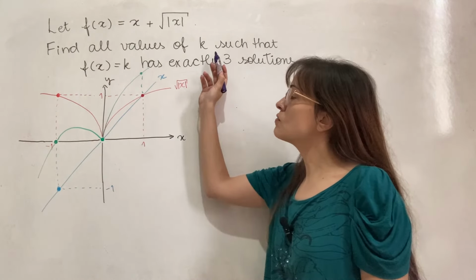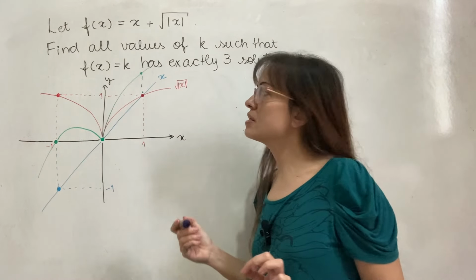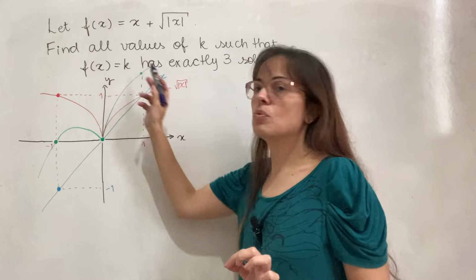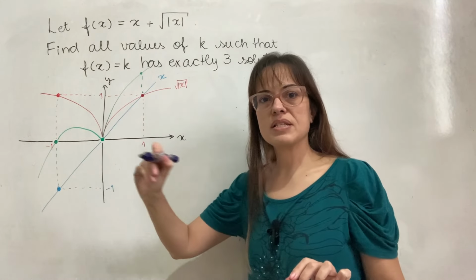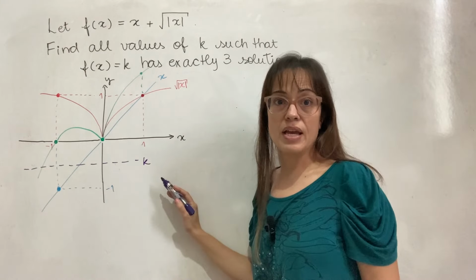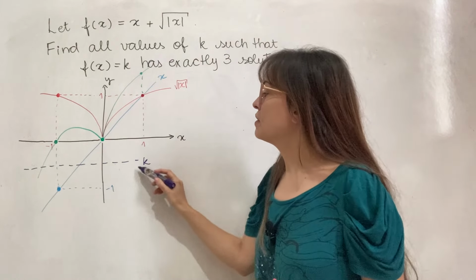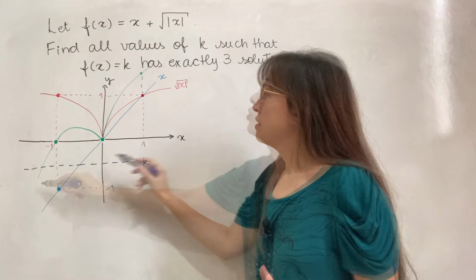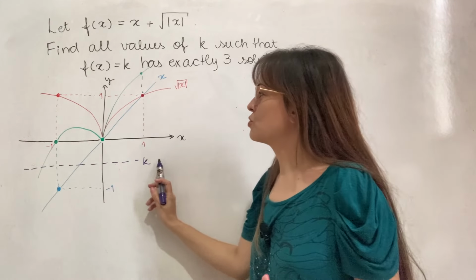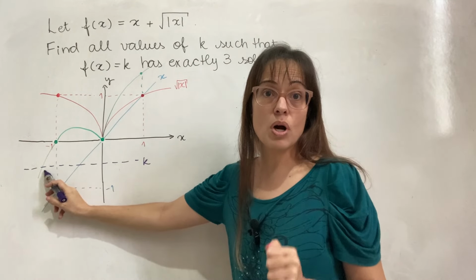It wants values of k such that this equation has exactly 3 solutions. This equation, the function being equal to k, is equivalent to passing a horizontal line somewhere, which is the value of k. I'm trying to compare the green with the purple now, and clearly for this value of k, the green function equals the purple k and only has one solution, so that's not what we want.